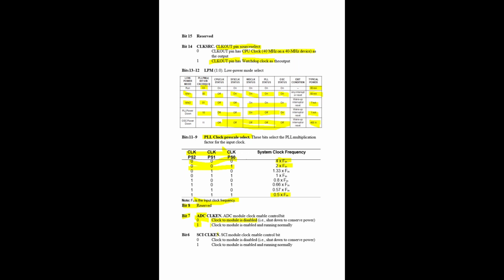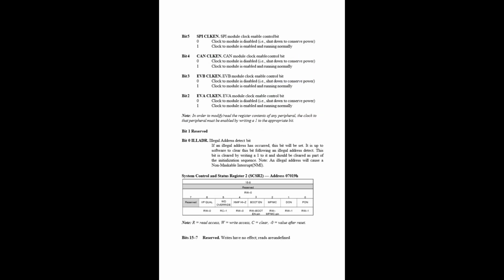Similarly, whether the serial communication interface unit has to work or not can be enabled or disabled with the help of bit 6 by writing 0 or 1. Similarly, serial peripheral interface enable or disable, and controller area network, everything requires a clock frequency. Whether you are going to give clock input or not can be decided with the help of these bits.